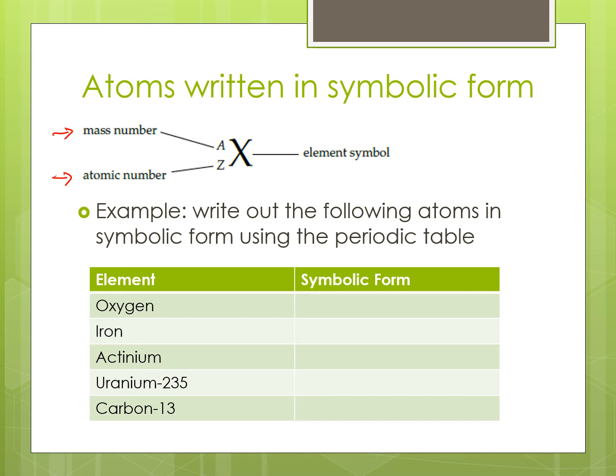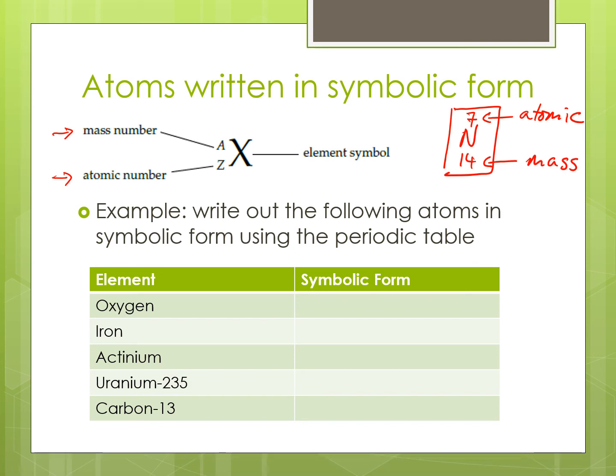If you remember, on a periodic table, let's say I write nitrogen again, it usually has the atomic mass on the bottom and the atomic number on the top. So they are reversed, and please make sure you don't muck that up. You put the mass on the top and then the atomic number on the bottom.